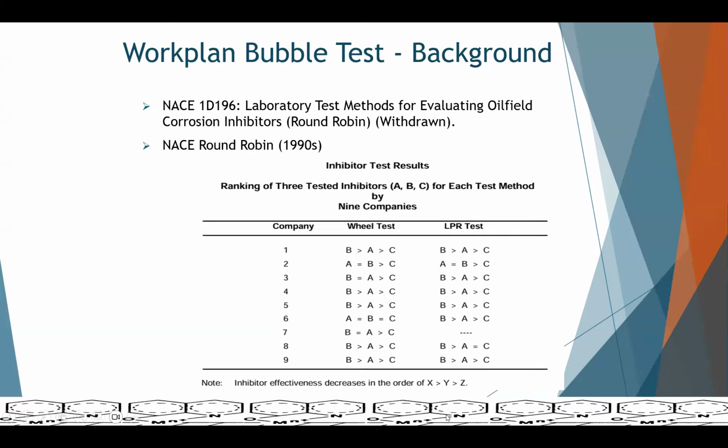They did the round robin using 2 methodologies, one the wheel test, the other LPR, which is basically the bubble test. They couldn't compare the corrosion rate, but they were able to compare the inhibitor performance of 3 chemicals, A, B, and C. The bubble test actually gave a relatively consistent ranking of the 3 inhibitors.